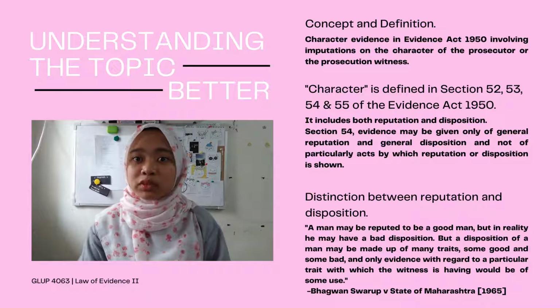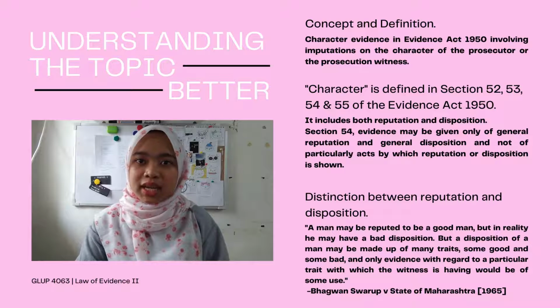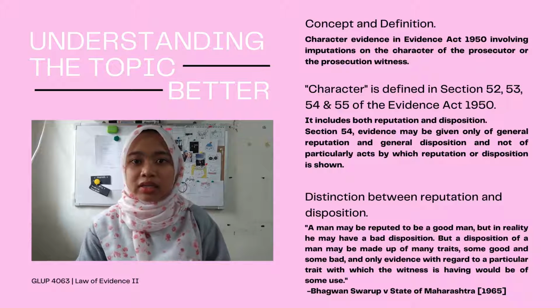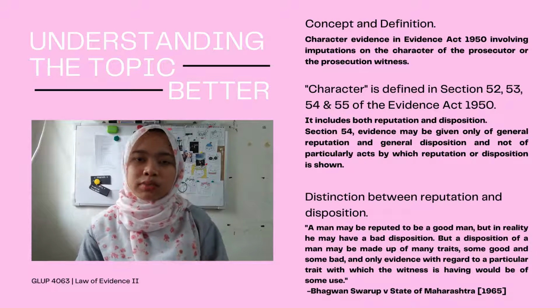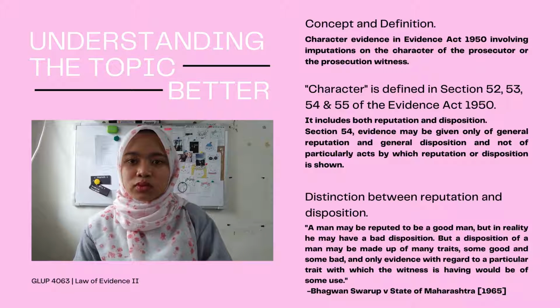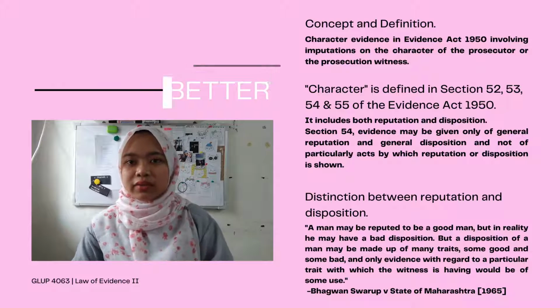A disposition of a man may be made up of many traits, some good and some bad, and only evidence with regard to a particular trait which the witness has would be of some use. This was outlined in an Indian case, Bhagwan Swarup against State of Maharashtra, 1965.